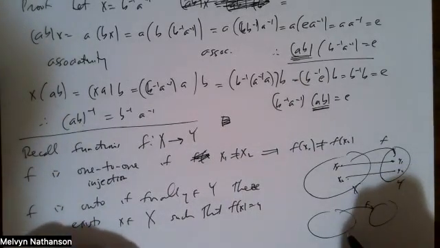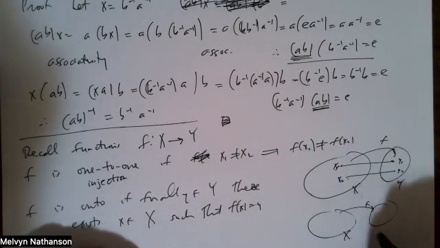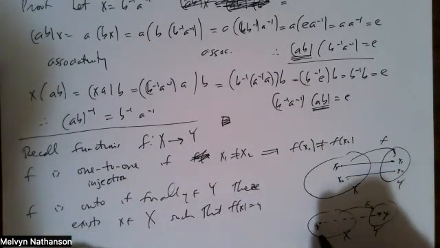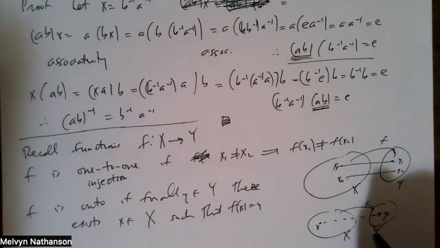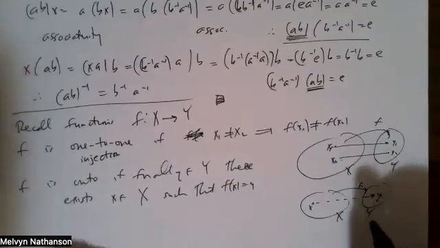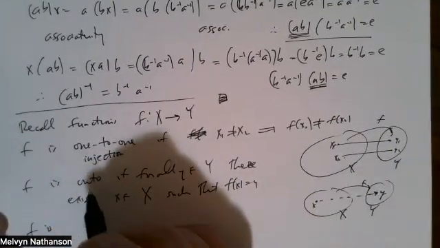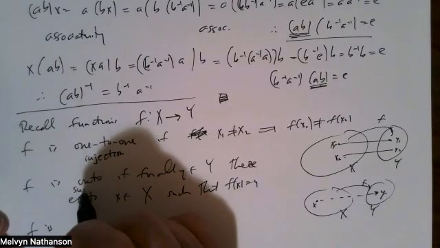So if you have this function from X to Y, if you take any element in Y, you can always find an element of X such that f of x hits y. And onto is sometimes called a surjection.